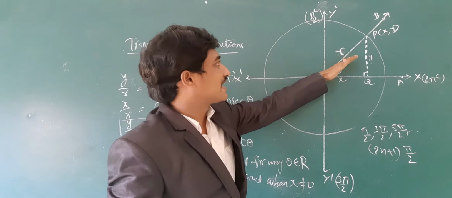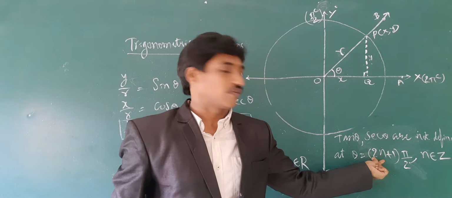Let us write the point. Tan theta, secant theta are not defined at theta equal to (2n plus 1) pi by 2, where n belongs to Z. If we give n equal to 0, that is pi by 2. If you give n equal to 1, 3 pi by 2.